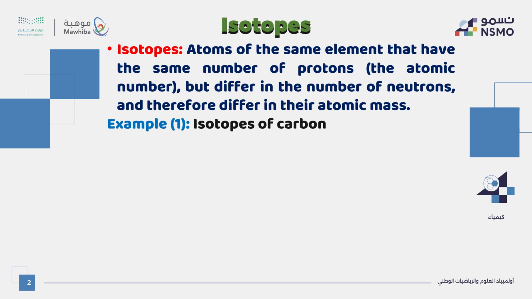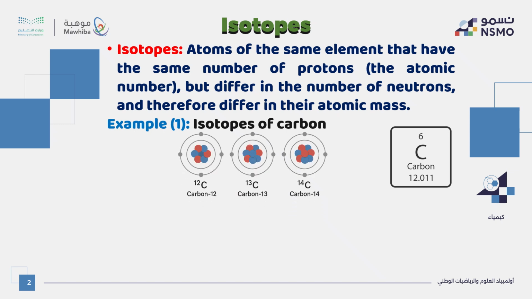Isotopes of carbon. Carbon has an atomic number of 6, so every carbon atom has 6 protons. Carbon has several isotopes, including carbon-12, carbon-13, and carbon-14. Carbon-12 has 6 protons and 6 neutrons.